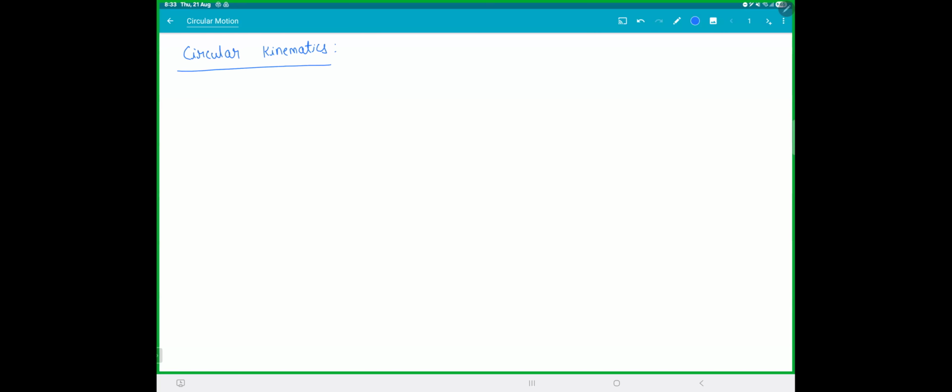So just like we defined position, velocity, and acceleration, here you also define something. We define something called angular position. So you will see a lot of resemblance with kinematics, 1D motion.